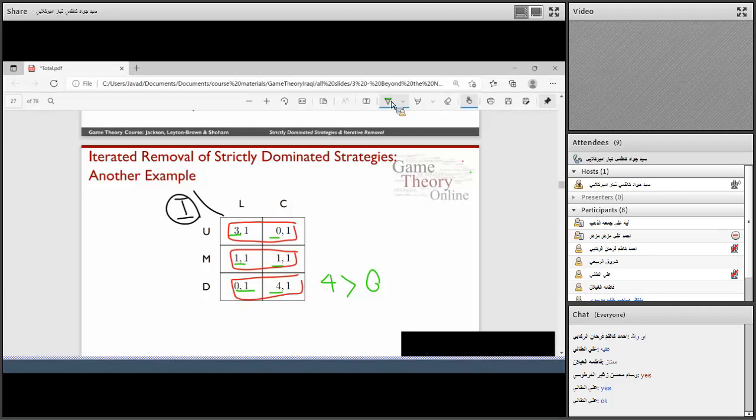Slightly better. Well, 4 is more than 0. 1 is equal to 1. So that won't work. Oh, wait. I'm sorry. That's not what I should have been doing. I should compare. Okay, that's interesting. Wait a minute. Let's remove. Interesting.